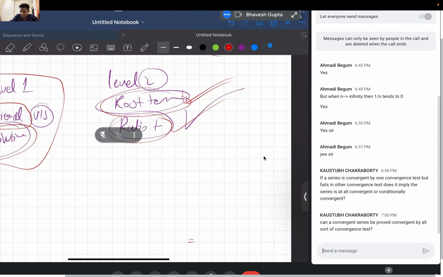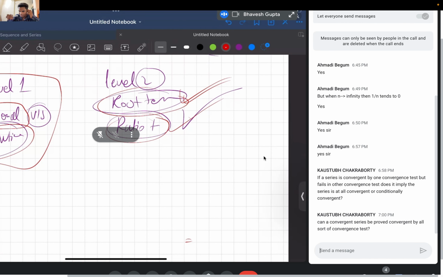So, can a convergent series be proved convergent by all sorts of convergence tests? Whenever we say it's a convergent series, you also need to add another word, that is absolute or conditional. So you don't just write that it's a convergent series.